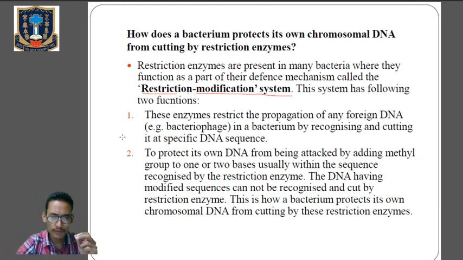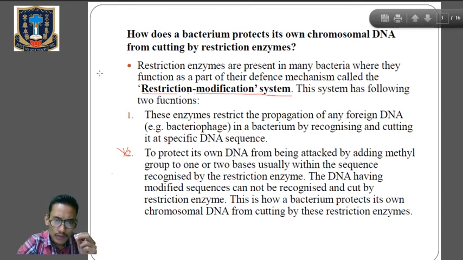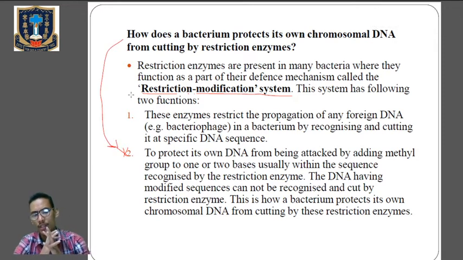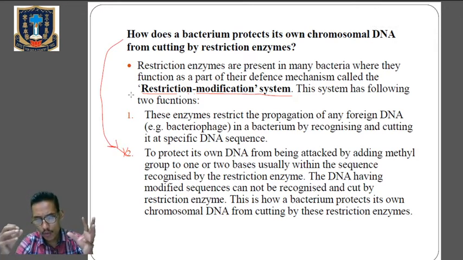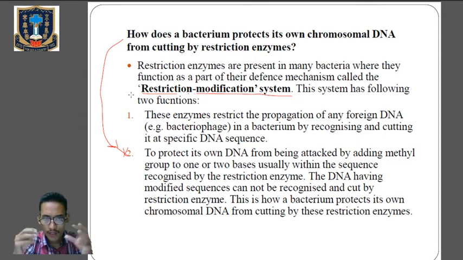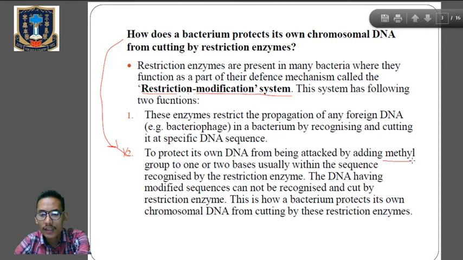Number two is the most important one for you, and the answer to these questions is easily given by this point number 2. To protect its own bacterial chromosomal DNA from the action of restriction enzymes, this restriction modification system will add a methyl group, very carefully, to one or two bases.